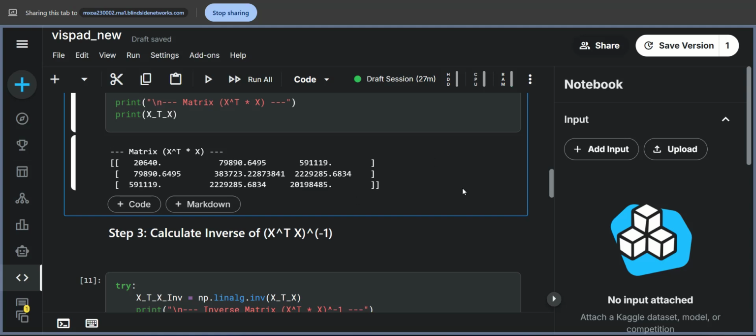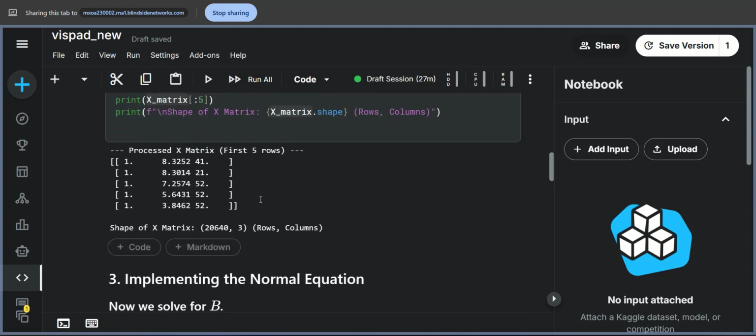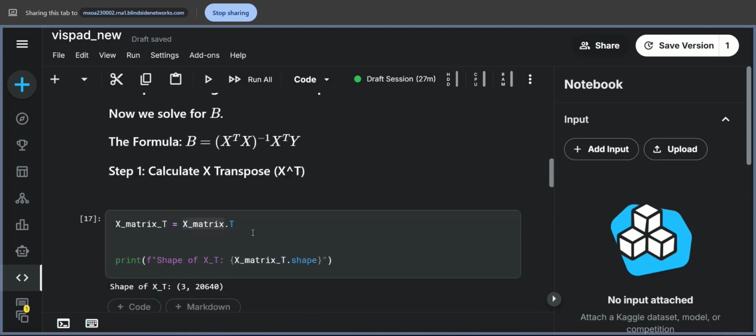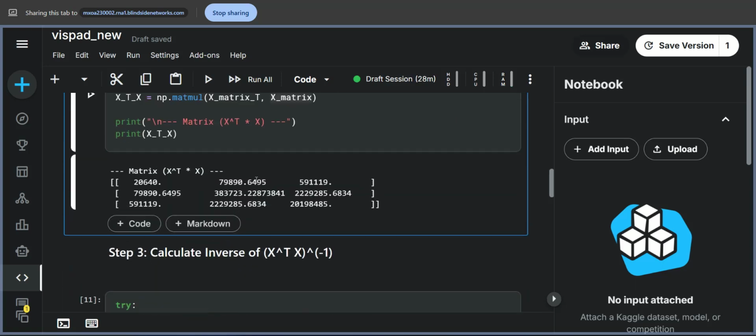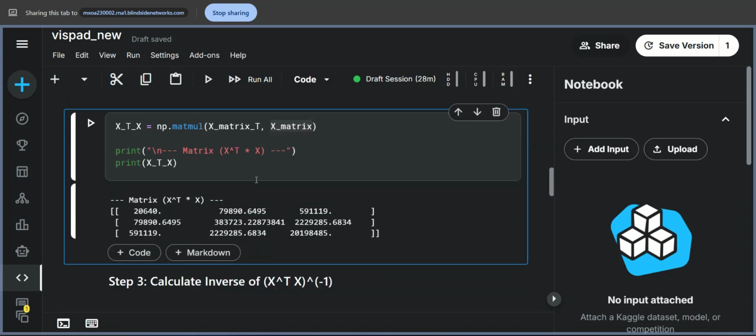So if you have this simple representation of the whole 3 by 20,000 entry data that we had, it means that we can simplify our calculation, right? That's what we are trying to achieve with this equation. Initially we were not having a square matrix.